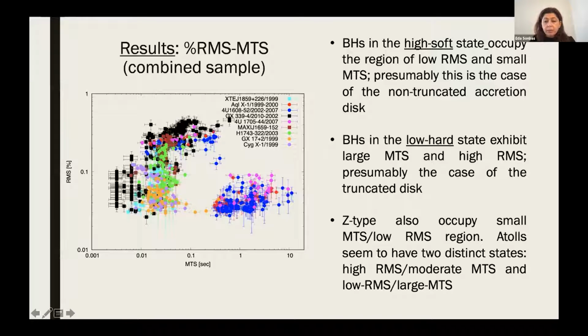Black holes in the low hard state exhibit a large MTS and high RMS, and this may be the case of a truncated disk. The Z types also occupy a small MTS and low RMS region, and atolls seem to have two distinct states: high RMS and moderate MTS, and also low RMS and large MTS.